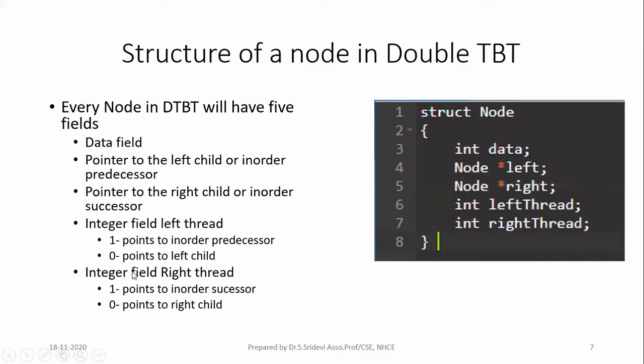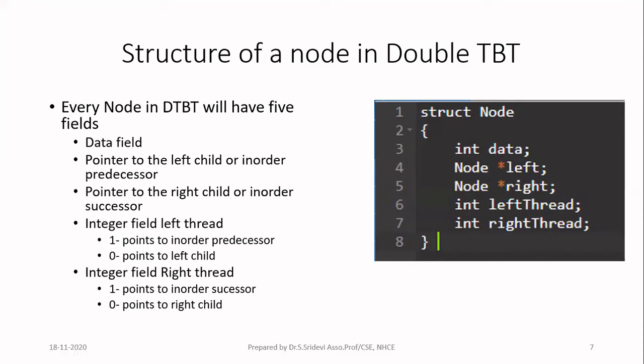The last two fields are new for the threaded binary tree. The additional information we are going to store in a threaded binary tree is this: the pointers can either point to the normal children, or otherwise, if it is a leaf node, they will contain information about the in-order predecessor and successor. So there are two cases now.